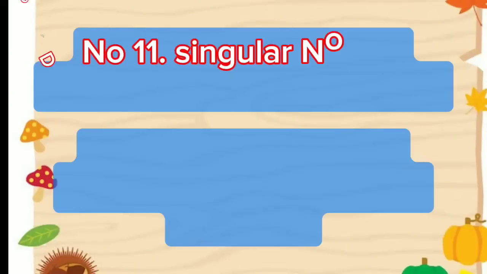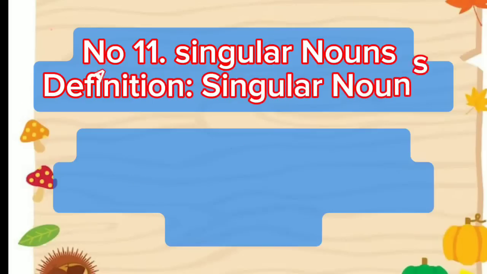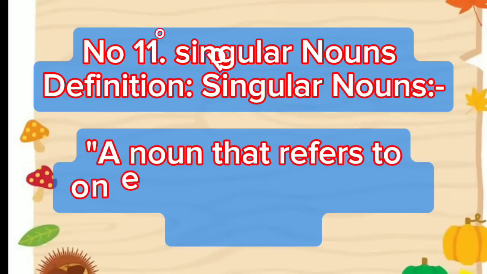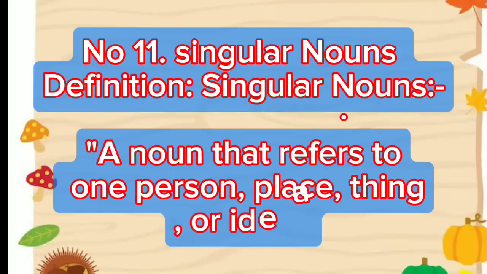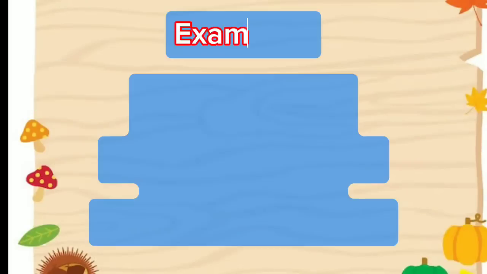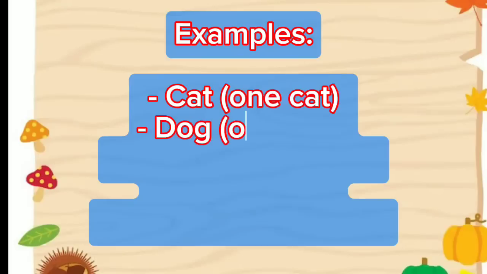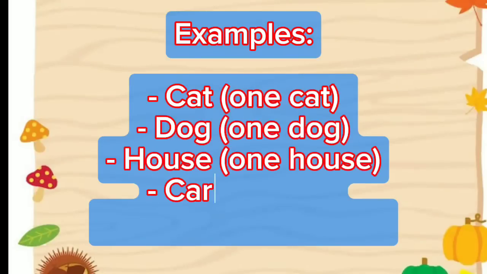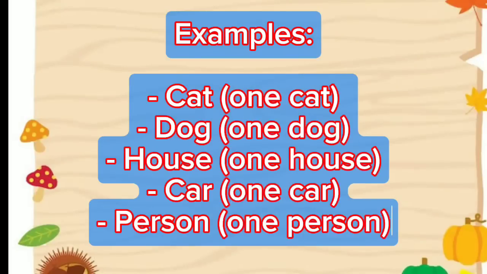Number 11. Singular nouns. Definition: a noun that refers to one person, place, thing, or idea. Examples: cat, one cat; dog, one dog; house, one house; car, one car; person, one person.